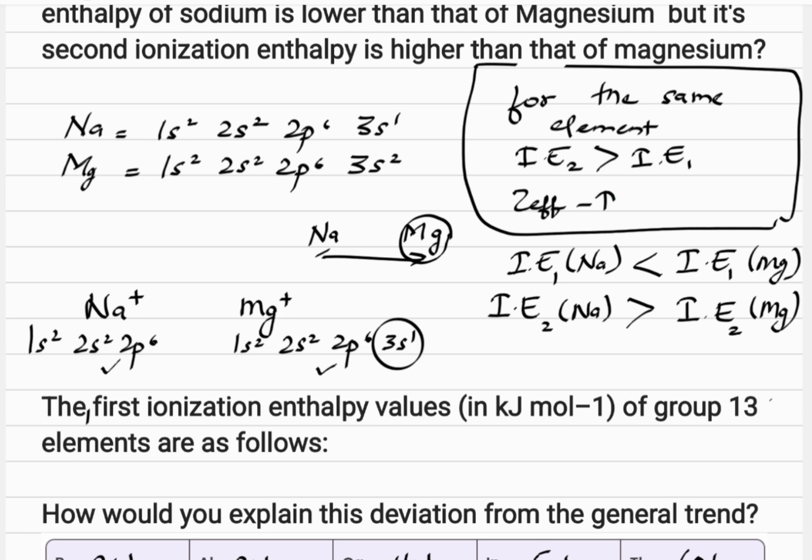That is why it's now not that eager to lose one more electron. Okay, more energy needs to be given to pull one more electron from a positive ion, right? So second ionization energy of the same element would always be higher than first ionization energy. But here in this question, we are comparing second ionization energies of sodium and magnesium. I hope that part is very, very clear.